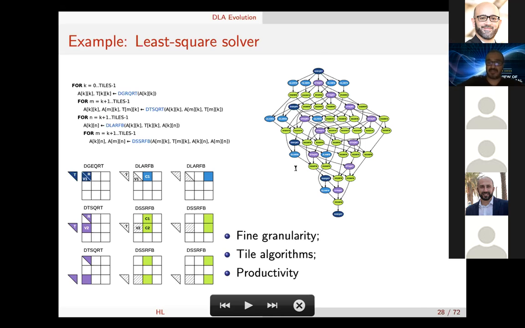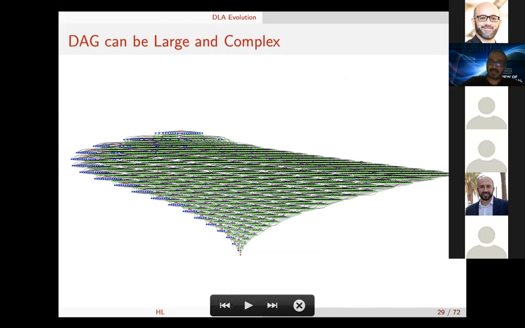Then a scheduler comes into the picture, a framework that takes that DAG and schedules it. As you can see here, the DAG is rather small. It's just a 5x5 matrix. The DAG here represents a 5x5 tile matrix.